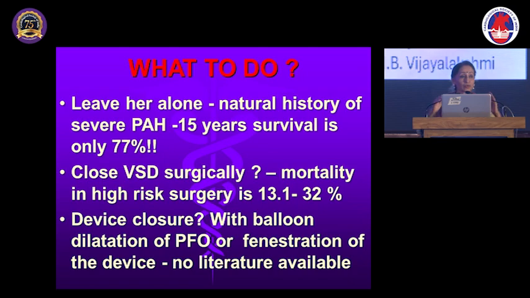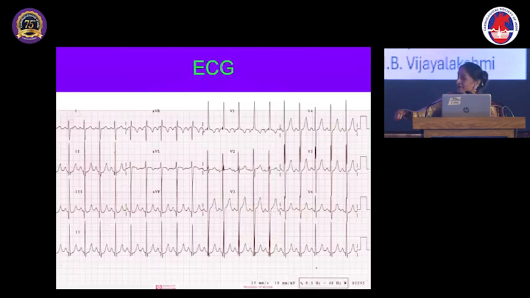But I would like to think out of the box and say that the patient has to go for PDA closure first, then do the cath again and review it, and then probably it may become operable later on. So this is how you have to think. Don't say inoperable in a small child.